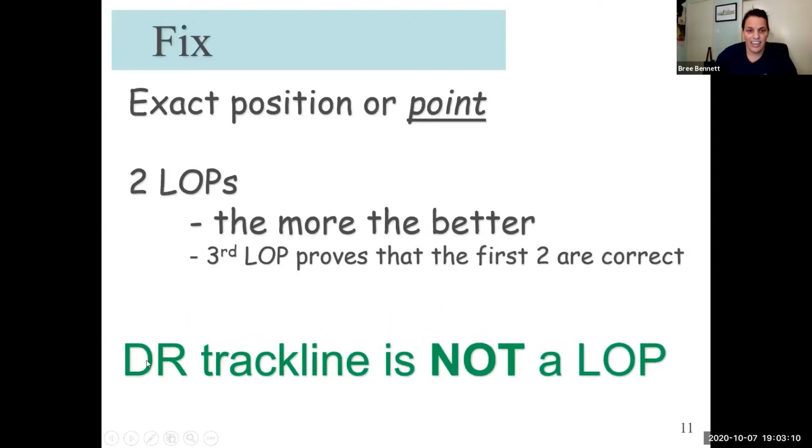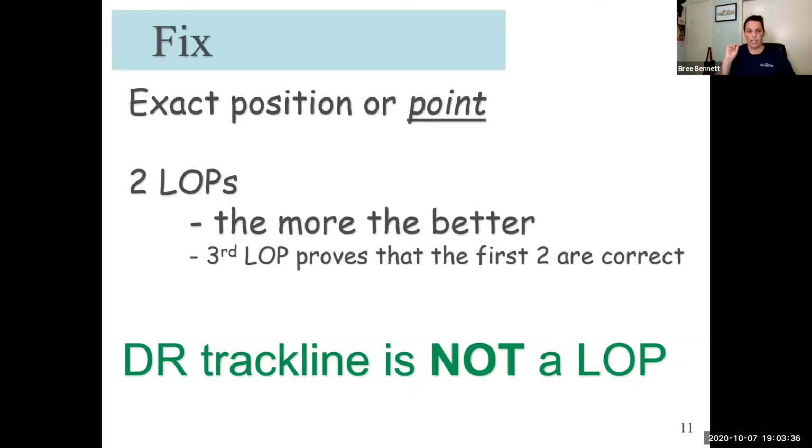There we go. Your DR track line is not an LOP. So even if you draw one LOP out and you have a line that crosses it on the chart because that's your track line, you're like, oh, 2 lines crossed on the chart. That's great. The track line is not an LOP. We can't use it as that data point to get a solid fix.